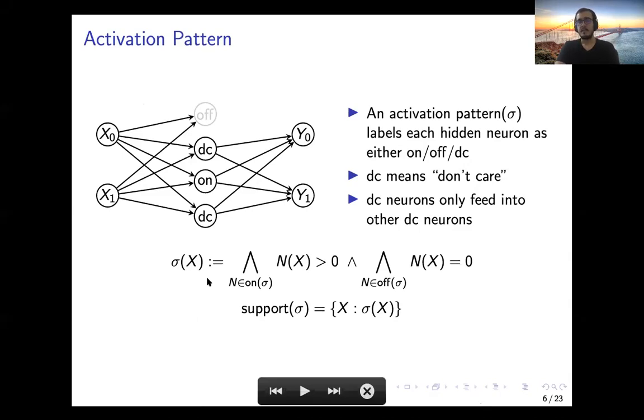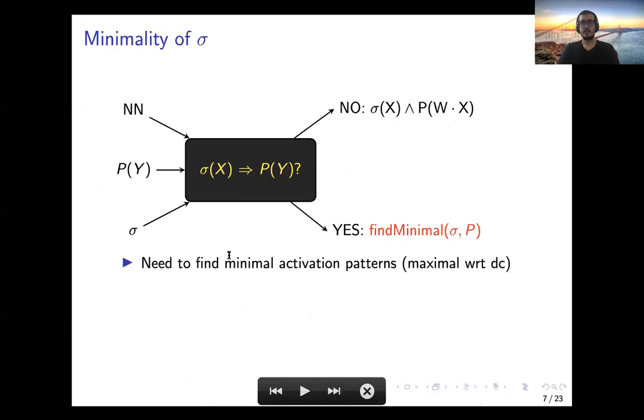We use the set defined by this activation pattern as follows. Suppose we are given a property P and exactly one input point that satisfies this property. We'll now look at the activation pattern that corresponds to this one particular point. In this activation pattern, each neuron will either be labeled on or off, but we will not have any don't cares because we are given a particular input.